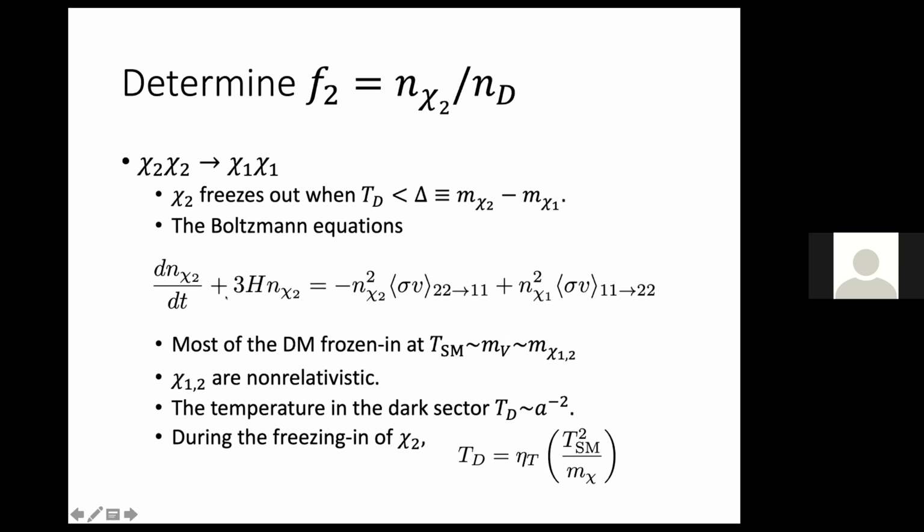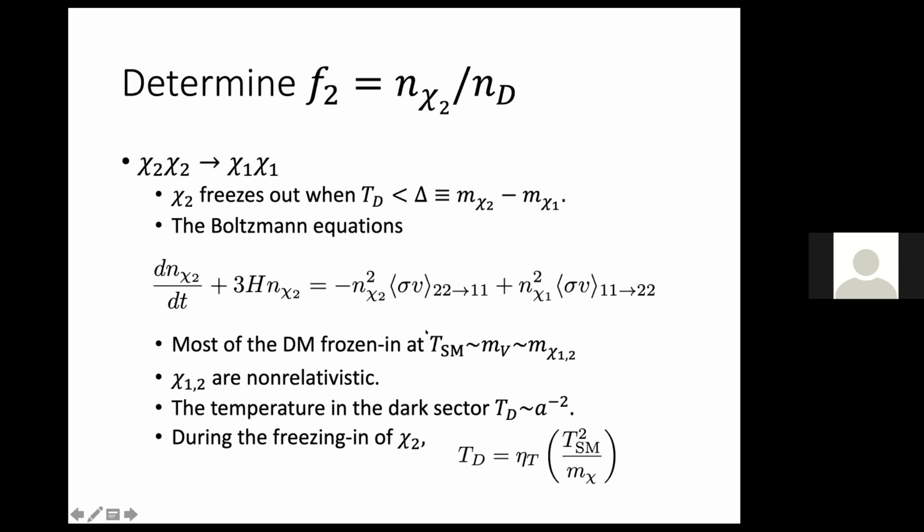And so in the following, we are going to calculate this process. Basically, to determine what is F2, we need to solve the Boltzmann equation for this annihilation process, right? So now let's start to do this calculation. The freezing-in process actually happens because it is dominant when the temperature of the standard model sector is roughly equal to the mediator mass, which in this work is also roughly equal to the mass of the dark matter.